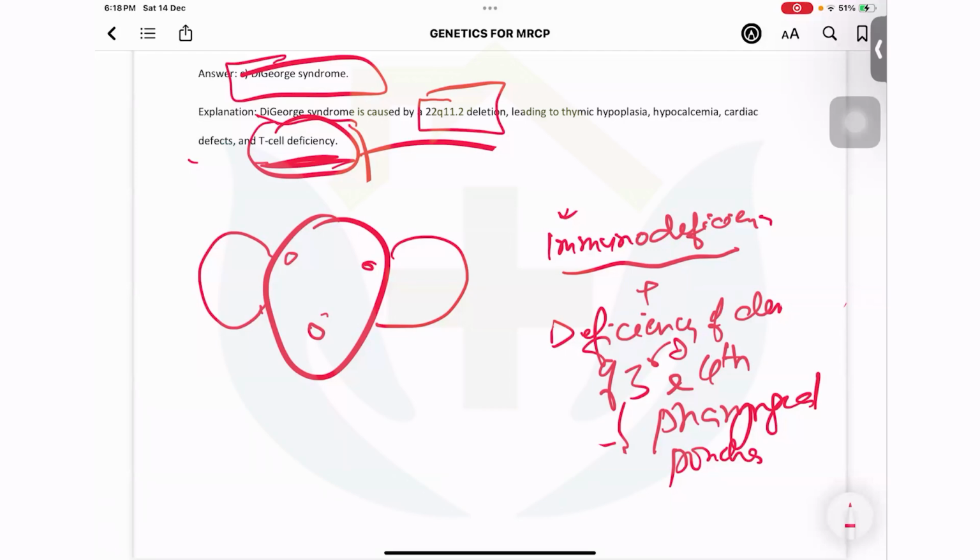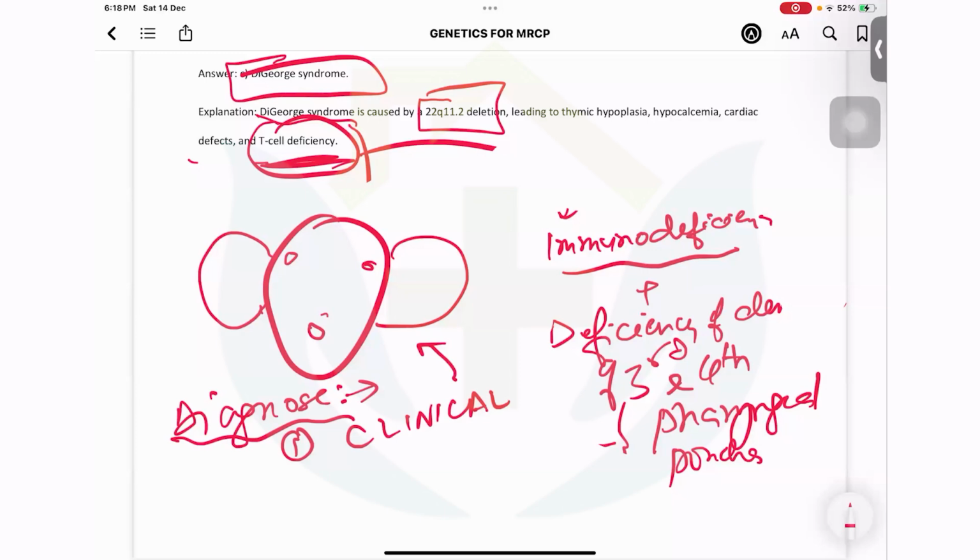So how do you diagnose these patients? Diagnosis is based, number one, on clinical features, so appearance. Number two, these patients will have recurrent infections and congenital heart disease.